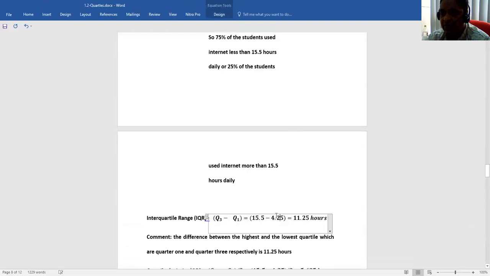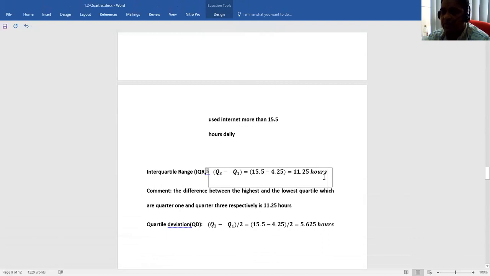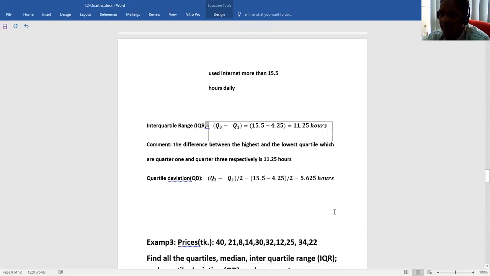If you put in Q3, 15.5, and Q1, 4.25, we get 11.25 hours. Similarly, you can calculate the quartile deviation, Q3 minus Q1 divided by 2, which will be 5.625 hours.